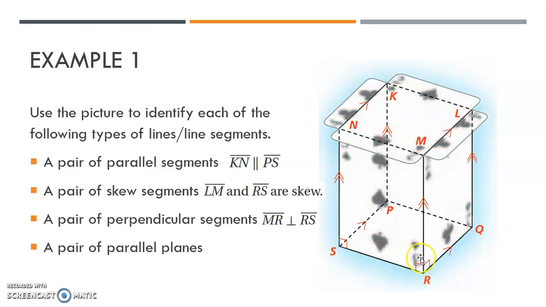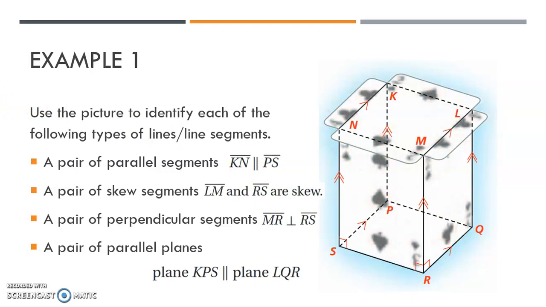Notice the right angle symbol right there. So MR is perpendicular to RS. And finally, the parallel planes, I picked KPS, this one on the back here, and LQR, the one on the side over here. They're parallel planes.